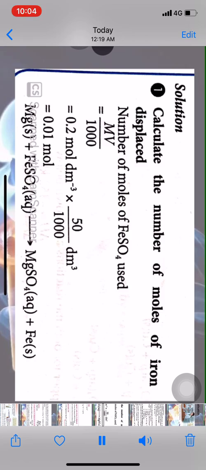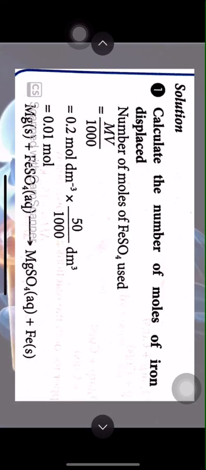You see here, they wrote the chemical equation there. Magnesium solid plus iron sulfate becomes magnesium sulfate plus iron. You see magnesium displaces iron from its salt solution. Why? Because magnesium is the most electropositive metal compared to iron.